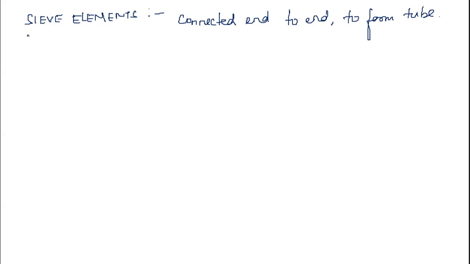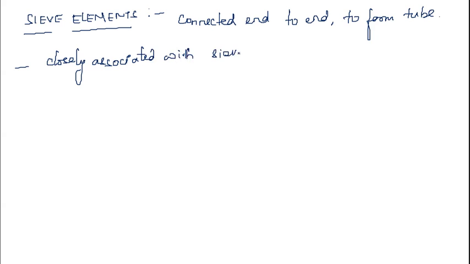The cells closely associated with sieve elements are the companion cells. We saw that most of the organelles which were absent in sieve elements are present in companion cells.